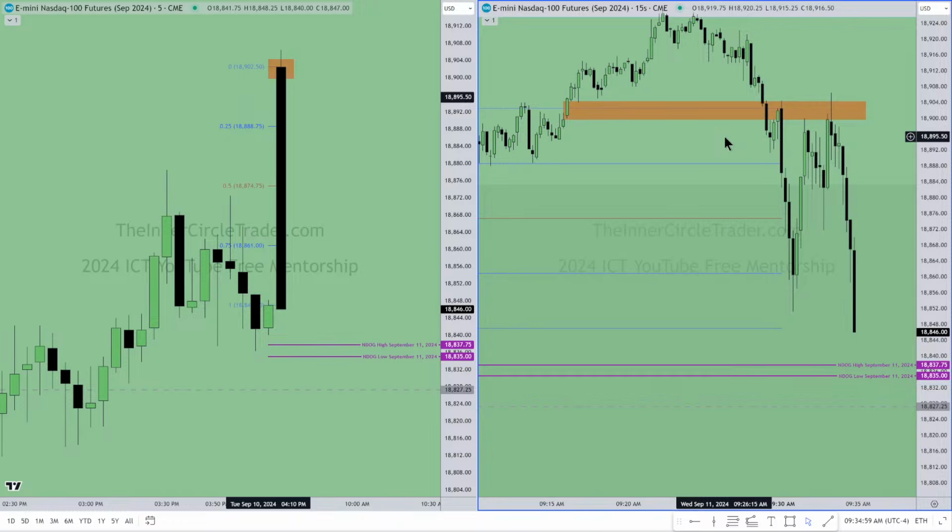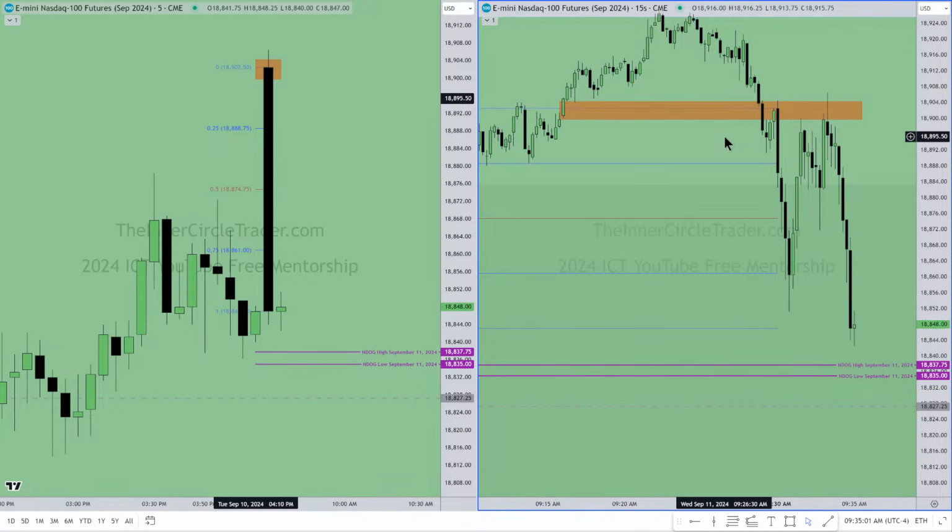New day opening gap on the 11th. Today's new day opening gap. Draw on liquidity.